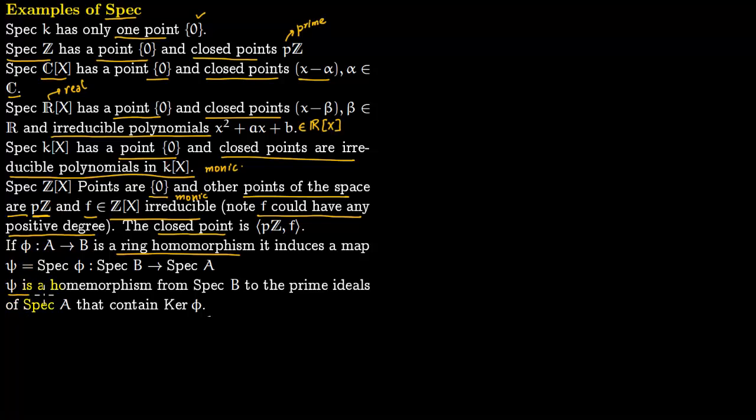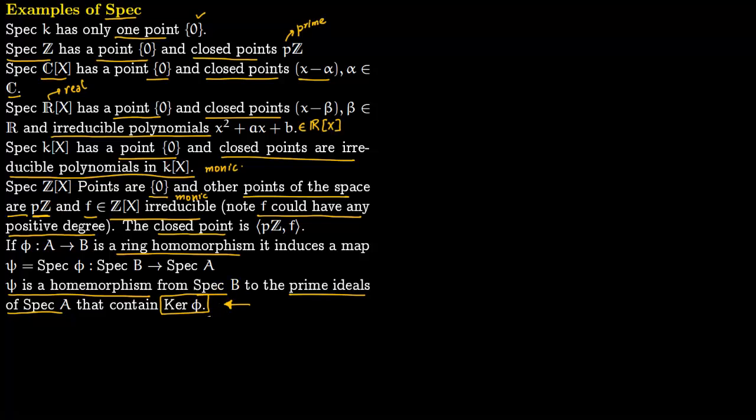Now this psi is actually a homeomorphism from Spec B onto the prime ideals of Spec A, precisely those prime ideals which contain the kernel of phi. So anything which gets mapped to 0 should be contained in the prime ideals here. This is important, and we are going to refer to it again and again.